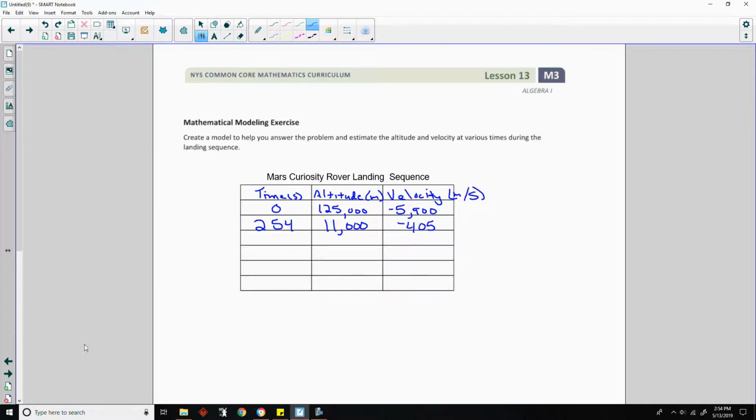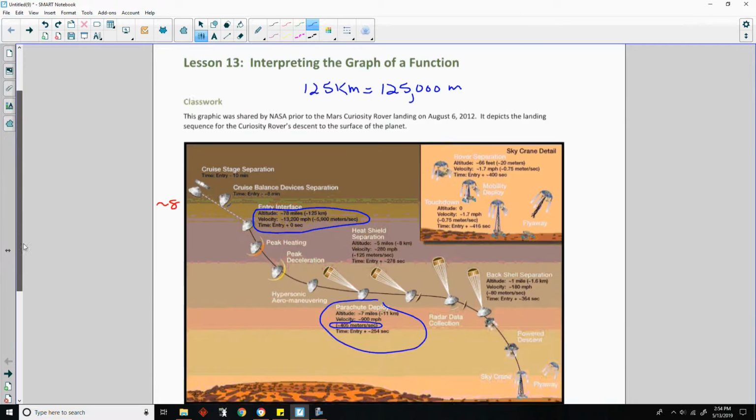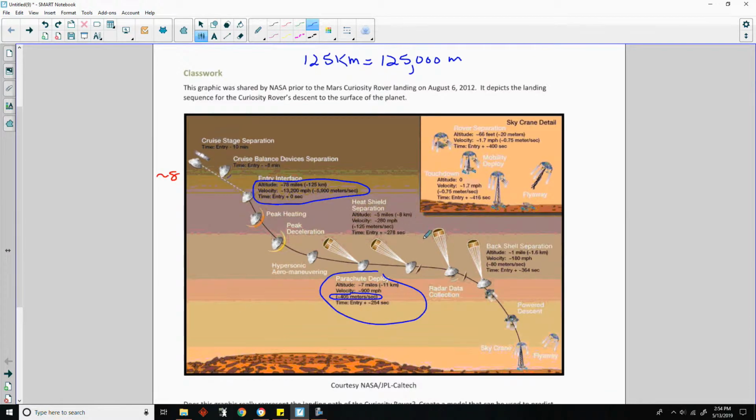Okay, so on to the next one. We just did 254 seconds. The next one is the heat shield separation, which is this one here.